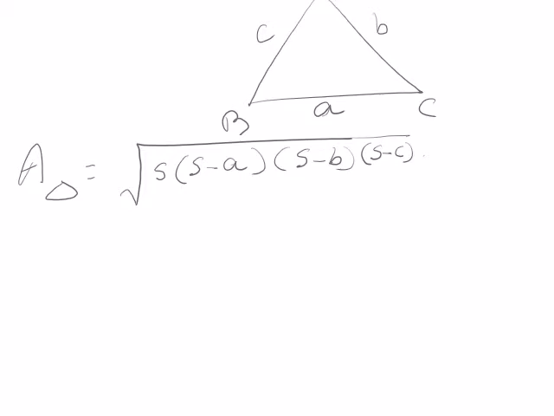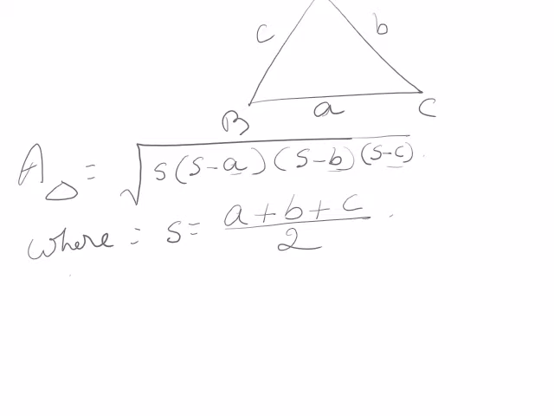Small a, small b, small c are the three sides, where S is equal to A plus B plus C upon 2. S is also known as the semi-perimeter. S is not the perimeter, it is half the perimeter.